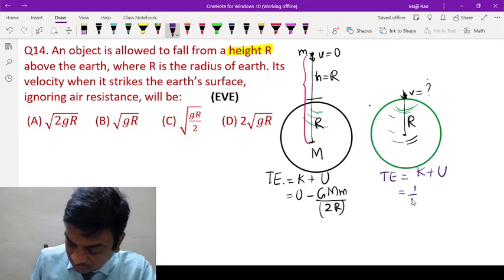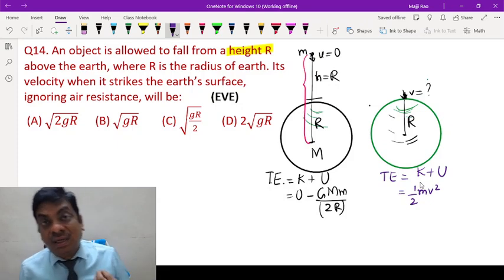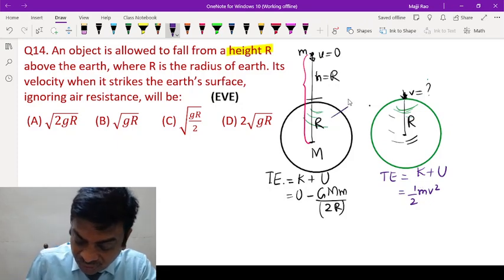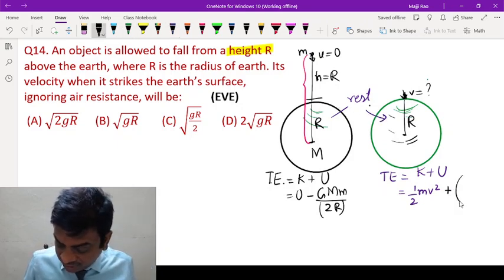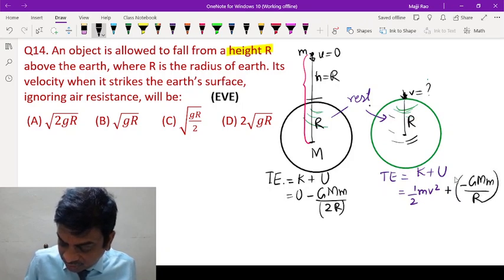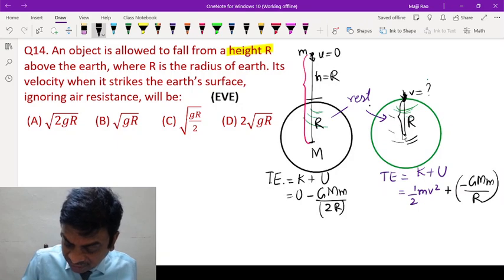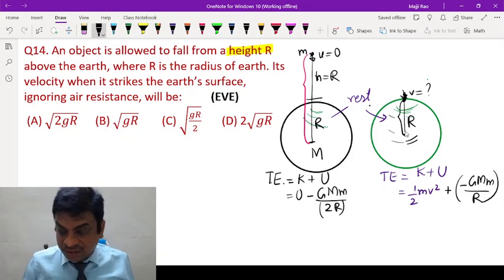Kinetic energy of the object is this. Remember, we are solving this problem with earth as a reference plane, so earth is supposed to be at rest. So earth has no kinetic energy. And potential energy will be minus GMm by r, because now the distance of the object from the earth's center is r.